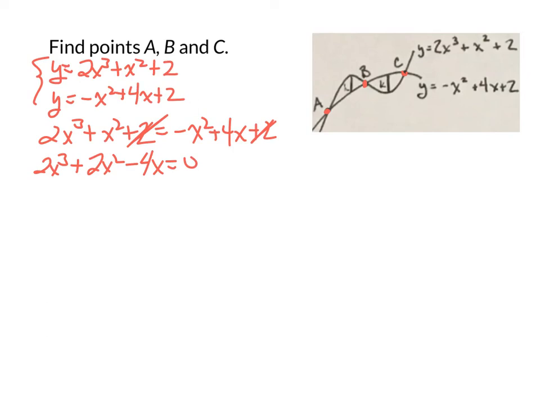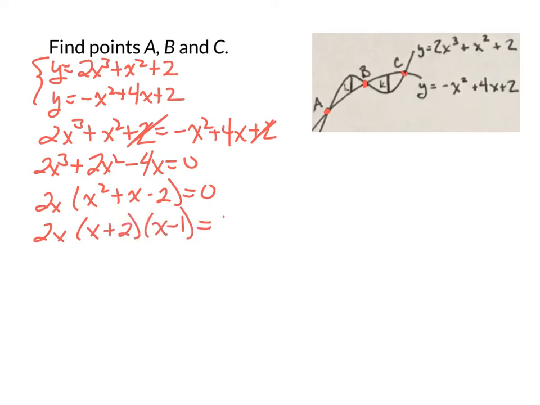We can factor out a 2x out of this thing, and we'll be left with x squared plus x minus 2, which is a quadratic that we can factor, into x plus 2, x minus 1. Now I can see my 3 x coordinates are going to be 0, and negative 2, and 1.